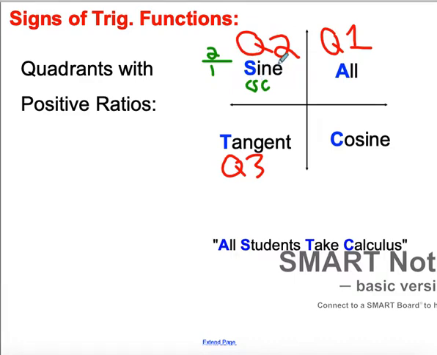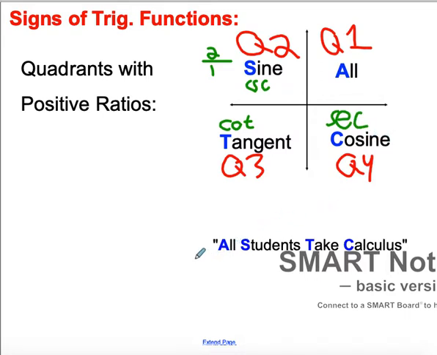So cosecant would be positive here, and the reciprocal of tangent, cotangent would be positive here, okay? That is an important clarification. And then cosine in quadrant 4 will be positive, meaning that secant will be positive in quadrant 4 as well.